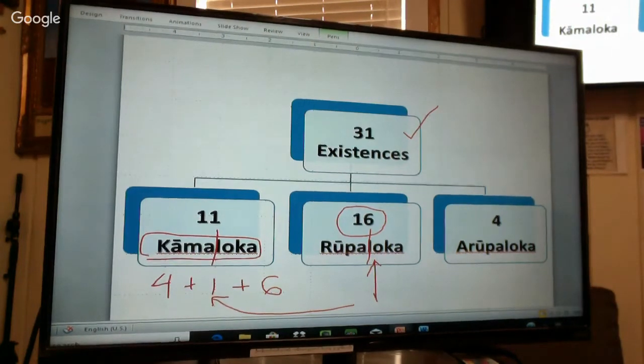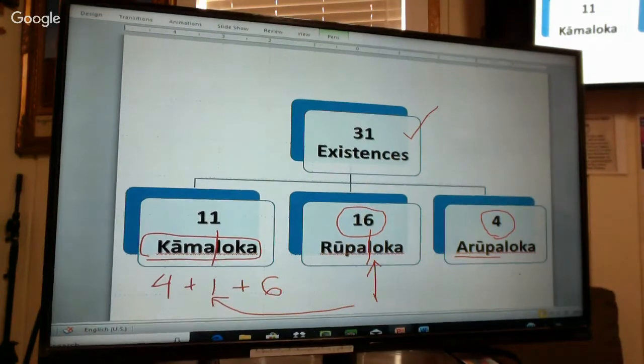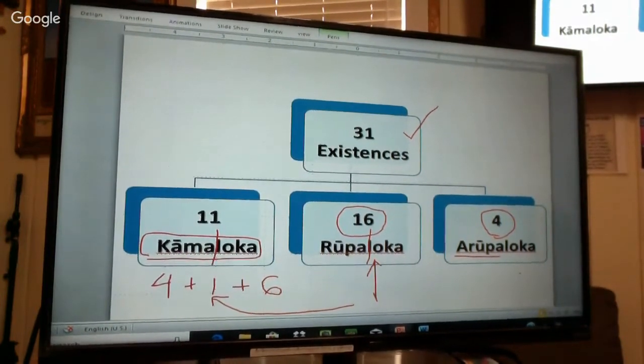But another plane is Arupa Loka, 4 kinds of Arupa Loka. Arupa means formless, no material, no matter. We call them living beings, but they have only nama, only mind and its manifestation. They have no material. So that's why I call it Arupa. Rupa means material, A means no. That's why the English translation is formless sphere.